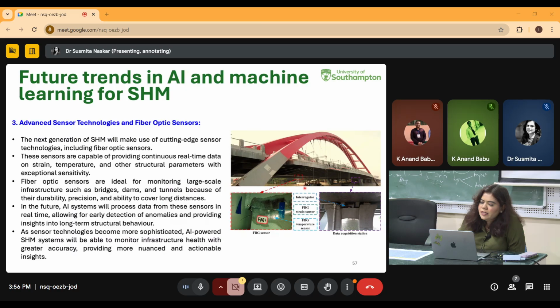So the third one is advanced sensor technology and fiber optics in structural health monitoring, right? When we talk about cutting edge sensor technology, as I said, fiber optic sensors are very important, because at a time they can take up multiple sensors or multiple data.